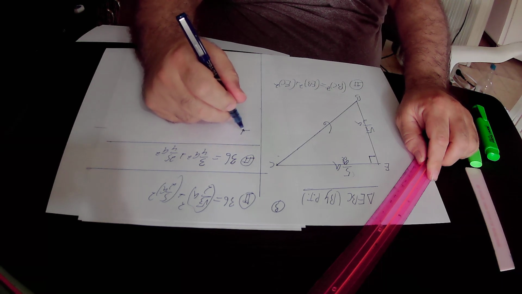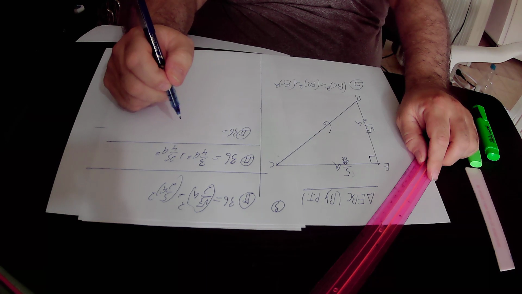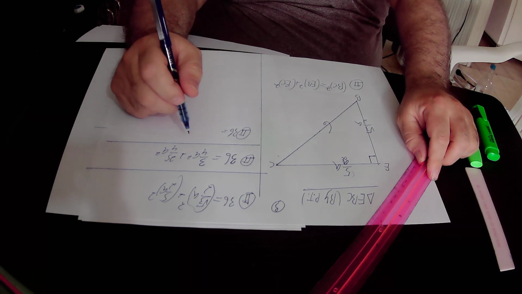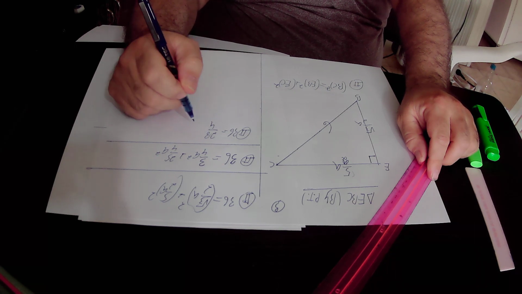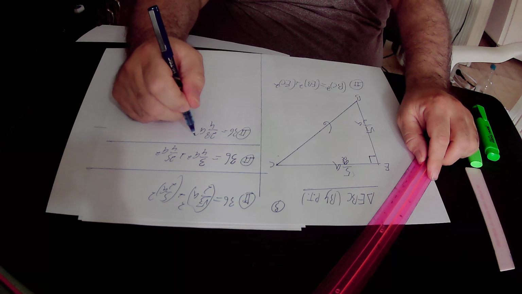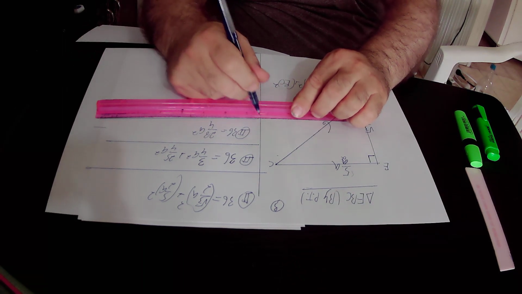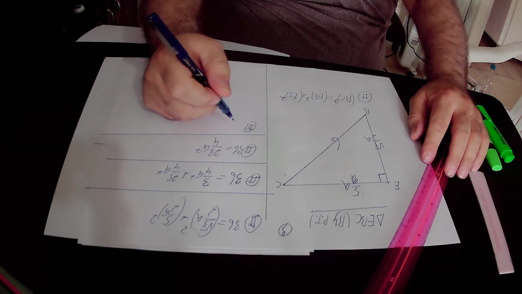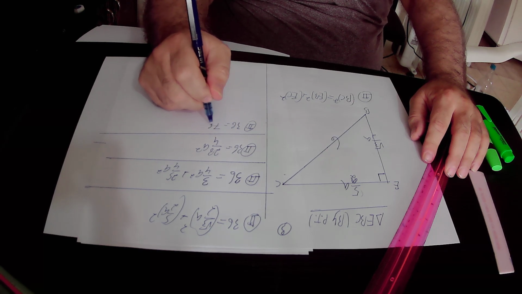So we get that 36 equals 3 quarters plus 25 quarters, which is 28 quarters, times A squared. 28 over 4 is 7. So we get that 36 equals 7A squared.